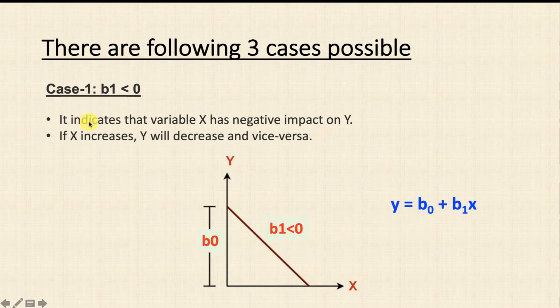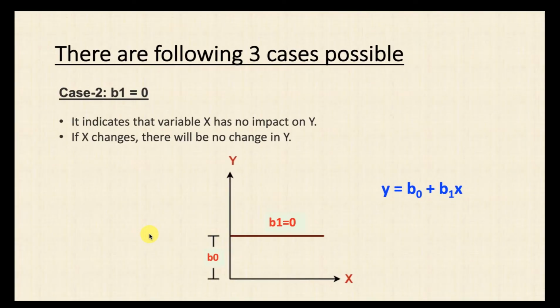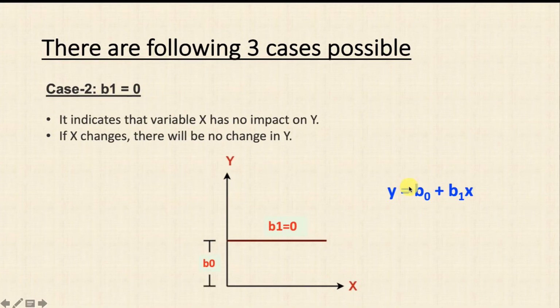Here the first case indicates that variable x has a negative impact on y, because you see that your line goes like this, right? Here b1 is less than 0, so if x increases, y will decrease, and vice versa. The second case is if b1 equals 0.